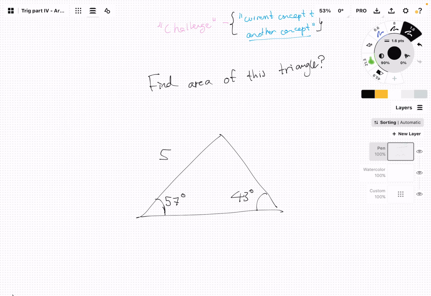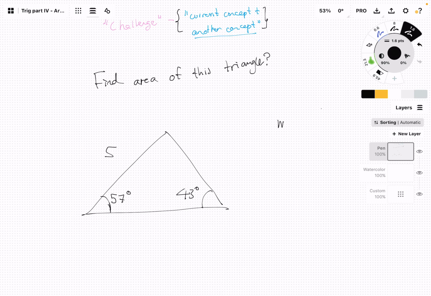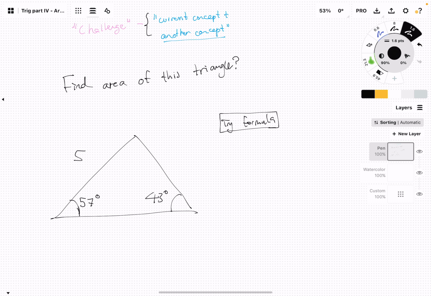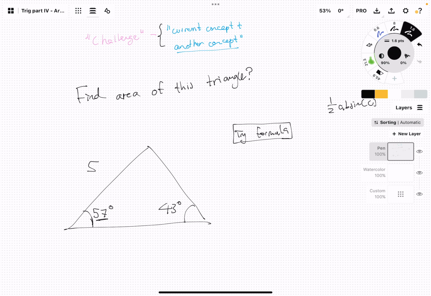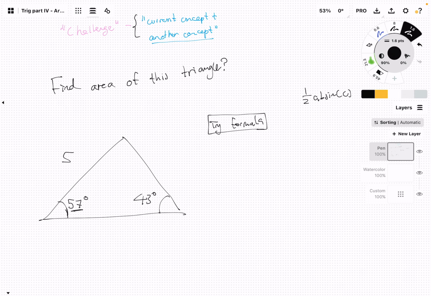So let's think of it like this. Let's try to apply the formula first. And you probably see the problem, right? The formula is half AB sine C. I think you can think of this as C because there's a side right next to it. But the point though is we're missing a side, right?